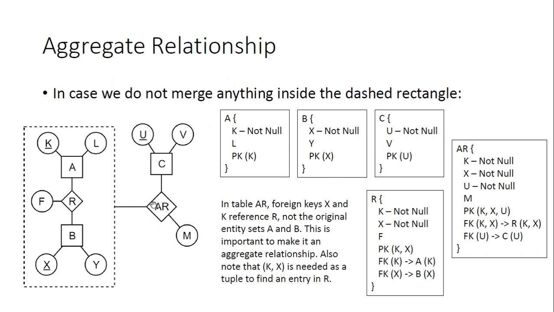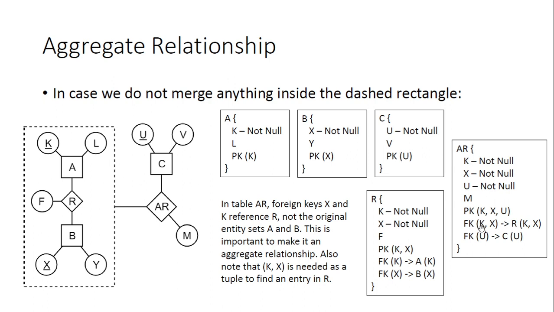Then I would like to have an aggregate relationship AR, and for this AR relationship, one side is going to be connected to the table C, and the other side is going to be connected to the relationship R. So what is the primary key of R? It's K and X together. So I need to store these foreign keys for K and X, and together they are going to refer to an entry in table R using this primary key together.